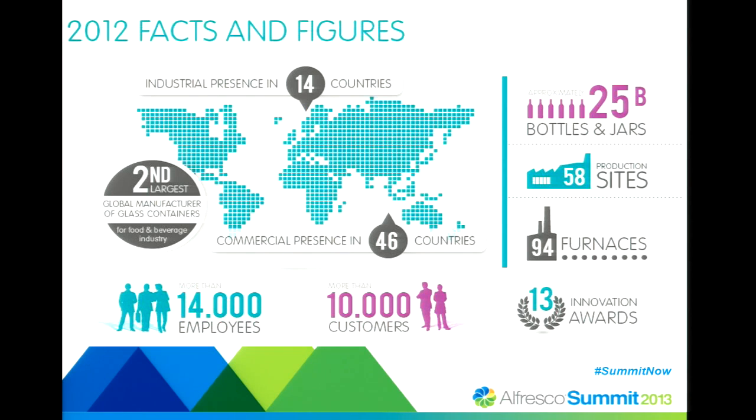So it's a pretty big enterprise. They are worldwide. That's why we have the integration here in the US and in Europe. You see that we have 46 countries with many customers. I don't want to bother you too long. By the way, they also make these Coke bottles. They really do glass bottles.